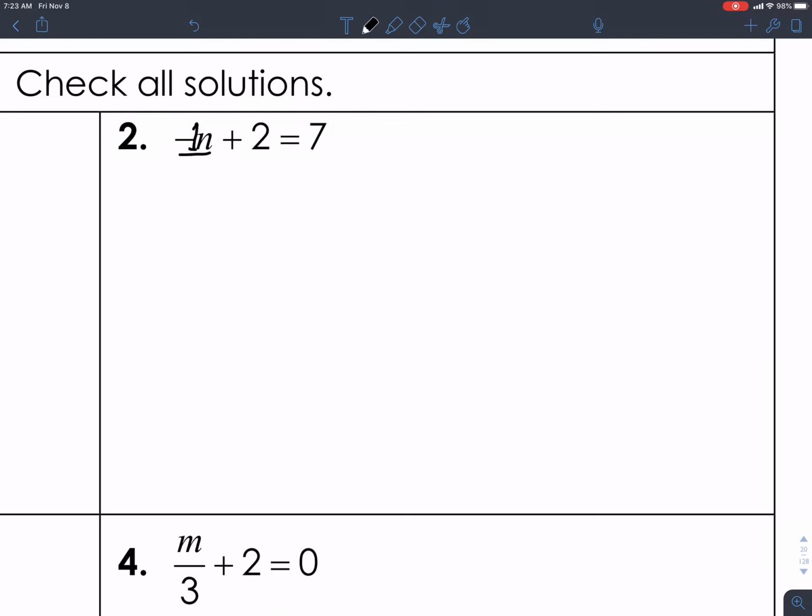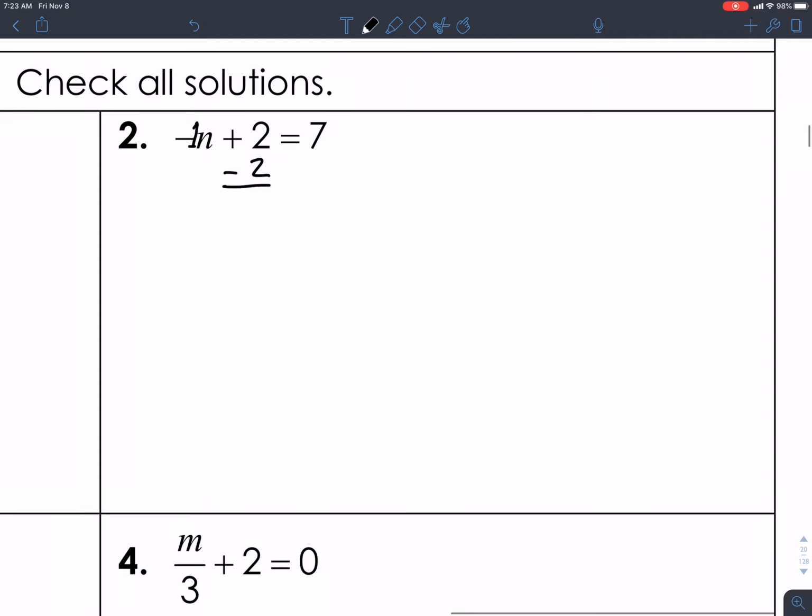Now, we want to look for addition and subtraction. So the addition and subtraction, let me put that 1 back in, is the +2. That is addition. I want to get rid of that. So to get rid of it, what's the opposite of addition? Subtraction. And then on the other side of the equal sign, remember, you always do the operations on opposite sides of the equal sign.